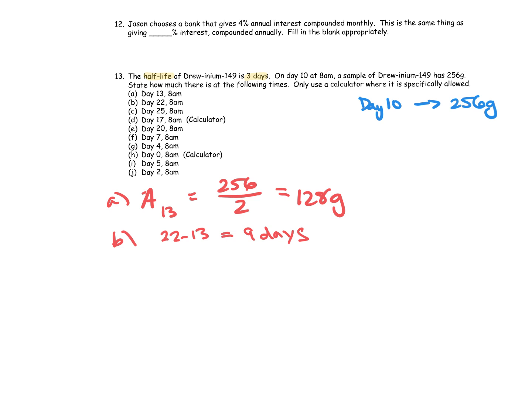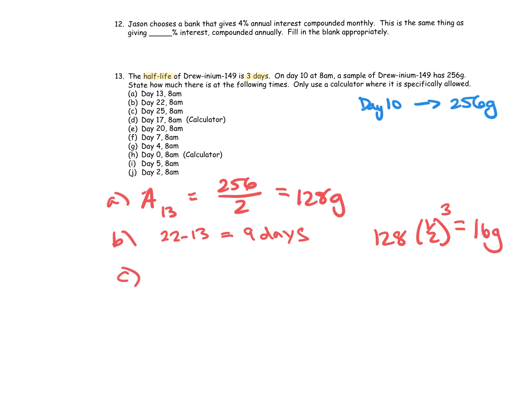So if I take the 128 that we just found, how many half-lives are there since then? If there were 9 days, that means there are 3 half-lives, so 1/2 to the third. That gives 128 divided by 8, or 16 grams.